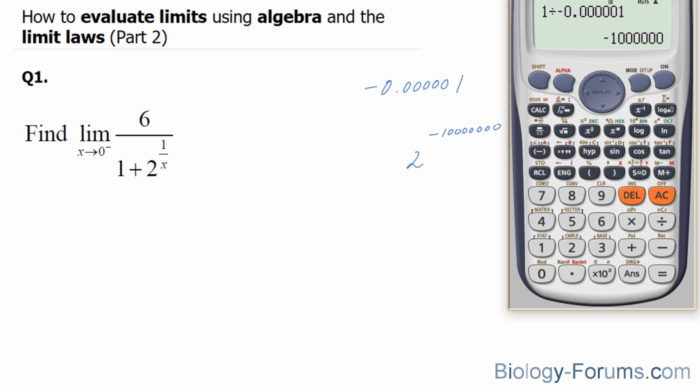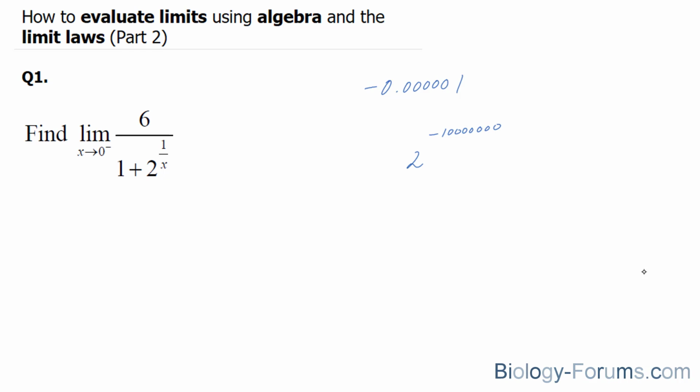We would end up with 2 to the power of the answer that we just got. We got 0. So as x approaches 0 from the left side, this ends up becoming 0. So we are left with 6 over 1 plus 0. Therefore, our limit is equal to 6 over 1, which is equal to 6.